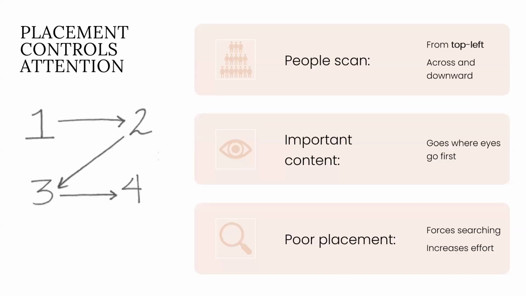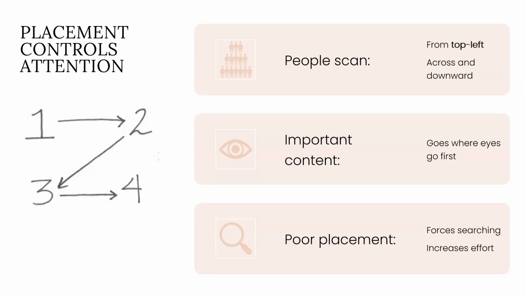Spatial placement communicates importance. People naturally begin visual scanning at the top left of the page or screen and move in a zigzag pattern. This makes top positioning high-value real estate. Important information should be placed where attention naturally goes first. If critical content is buried, the audience must search for it, increasing cognitive effort and reducing engagement.